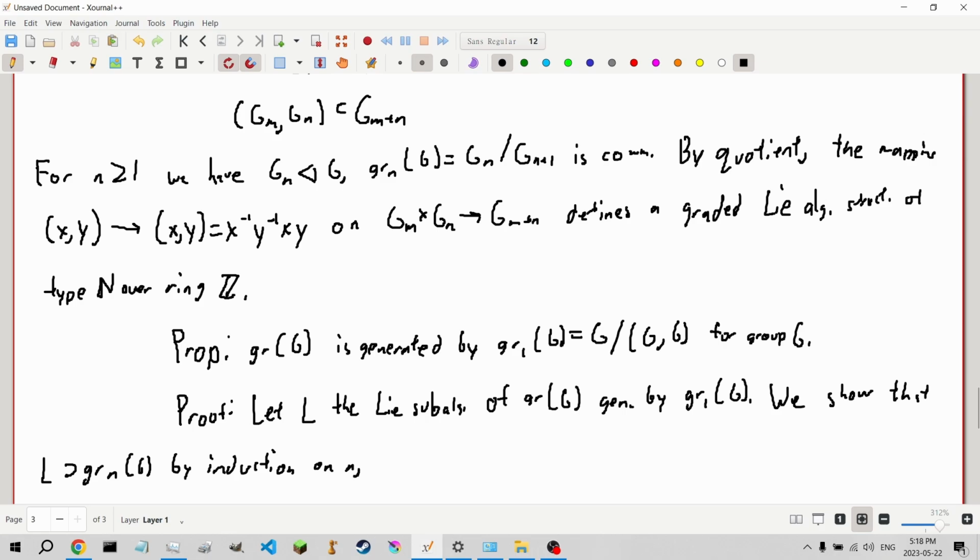Of course, it's true by definition for n equals 1. So we let n be greater than 1, and let L contain the n minus 1th grade of G.